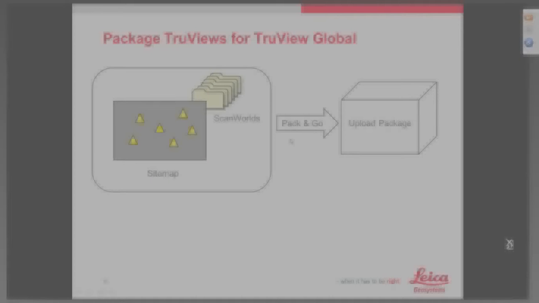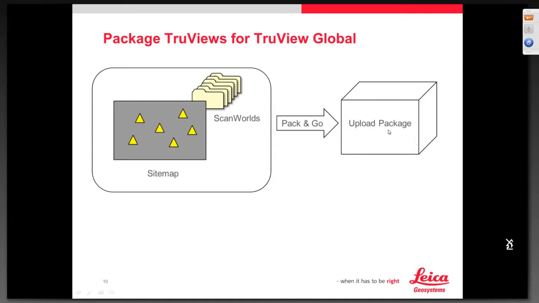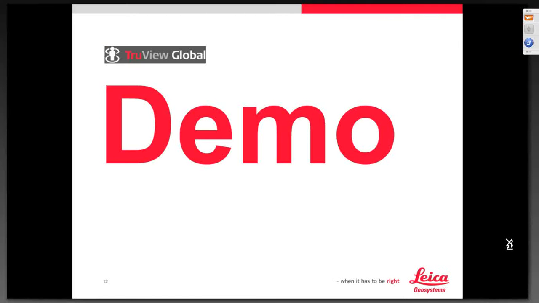This is a package that, if you've linked to PDF documents, goes and harvests those and brings them into the package so they can go along with it to the website, so they aren't just sitting on your hard drive anymore. And you take that package and you upload it into the system. It's literally just a drag and drop, and I'll show you that real time, and we'll bring a project up. It's really just that simple to upload projects.